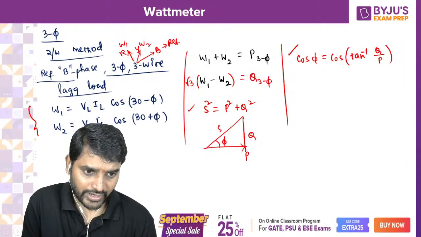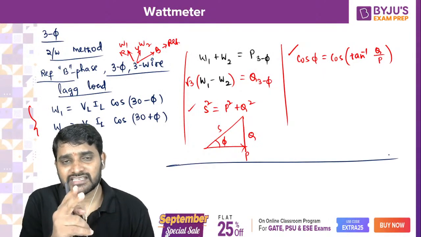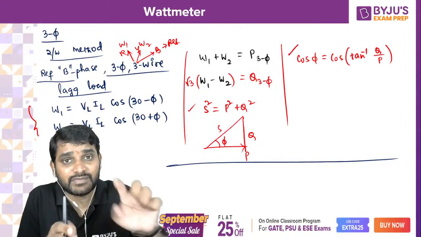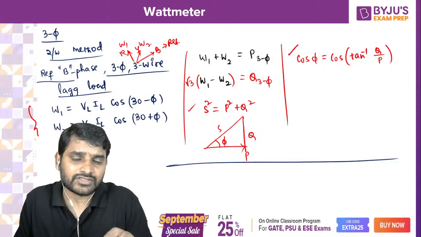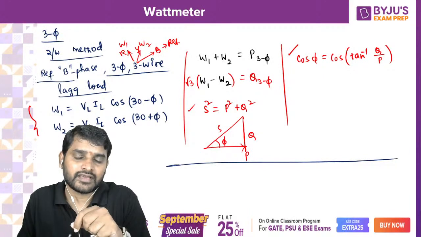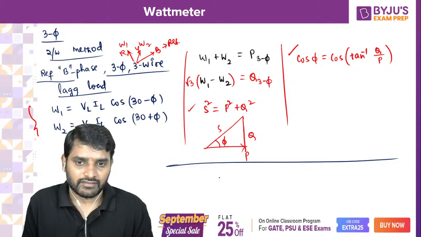Remember one point here. In the 2 wattmeter method, if you add the wattmeter readings, you get active power. If you subtract and multiply with root 3, you get reactive power. But to measure the reactive power in a 3-phase 3-wire system, 2 wattmeters are not needed. 1 wattmeter is enough.